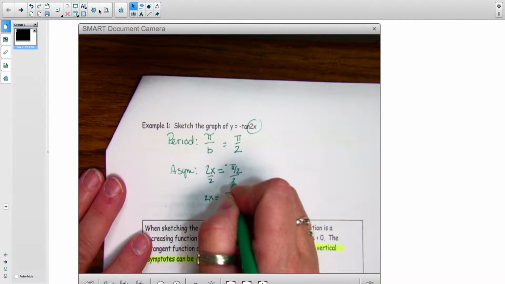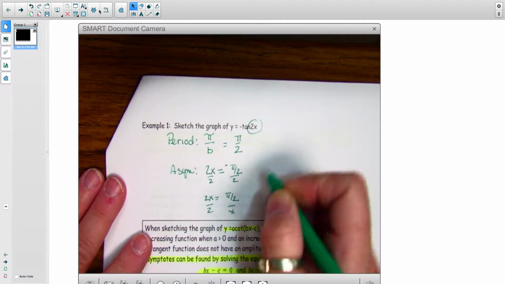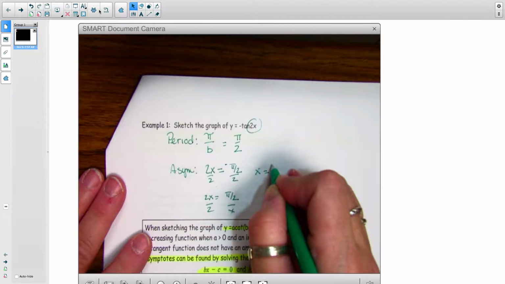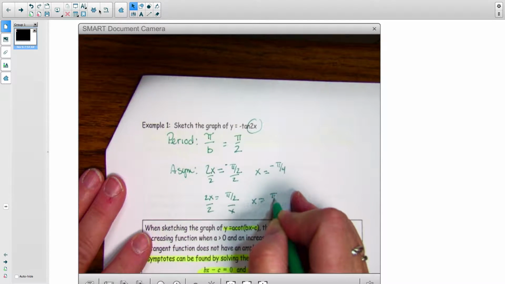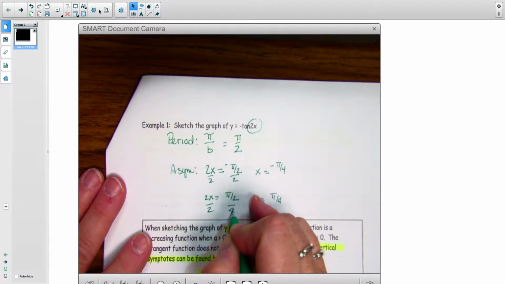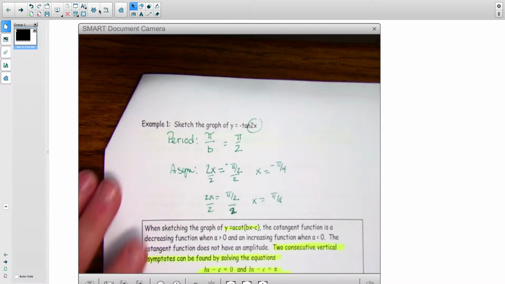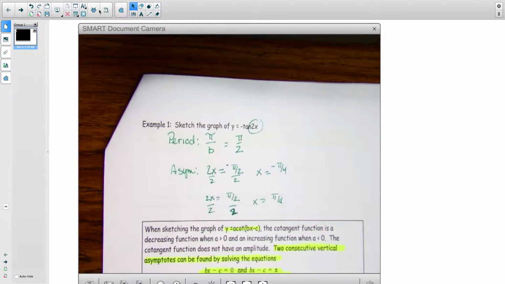Divide by 2 to solve for x. So this is negative pi over 4. This is pi over 4. Divided by 2 is the same as multiplying by what? 1/2. So pi over 2 times 1 over 2 is pi over 4.